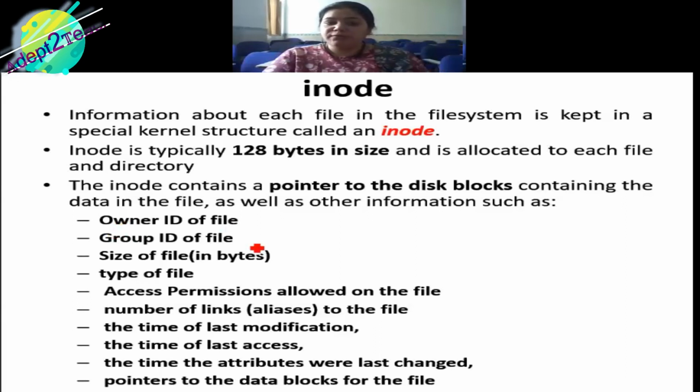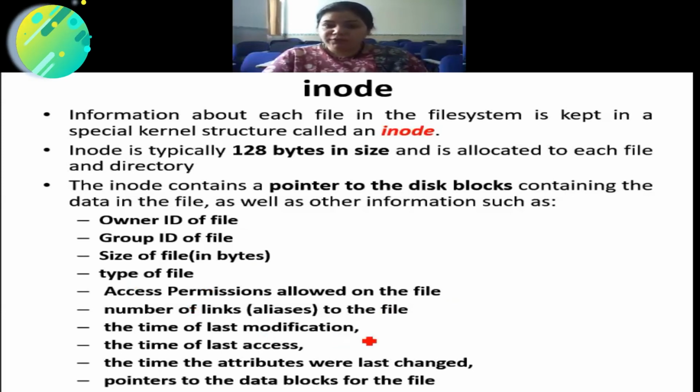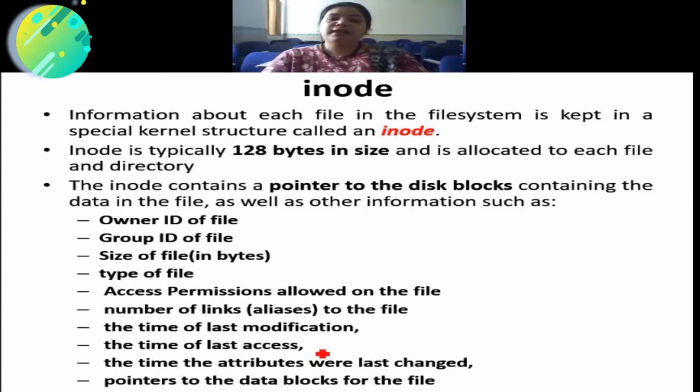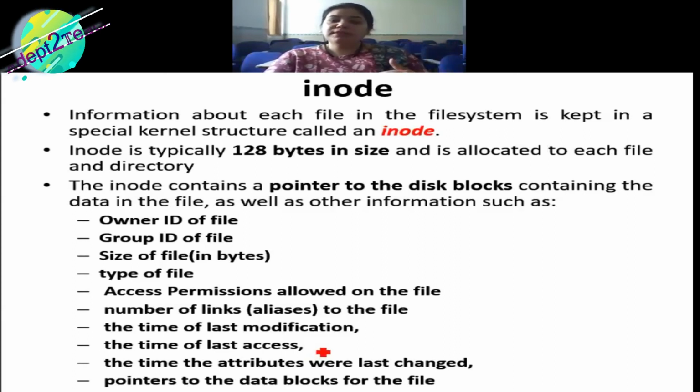So the owner ID of the file, group ID of the file, size of the file, type of the file, access permission allowed on the file, number of links or aliases of that file, the last time of modification of the file, and then the last time it was accessed is also stored. There is a difference between modification and access. Access means how many times you click and open it.